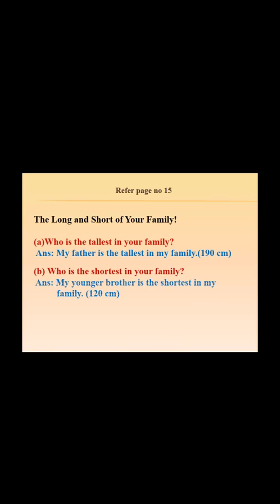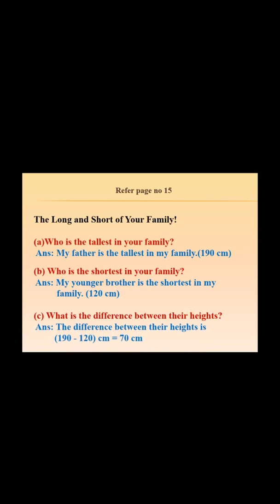The answer is, my younger brother is the shortest in my family and his height is 120 centimeter. Now the question is, what is the difference between their heights? The difference between their heights is 190 centimeter minus 120 centimeter, that is 70 centimeter. Students, here the answers may vary.